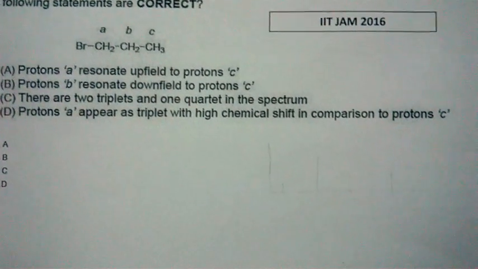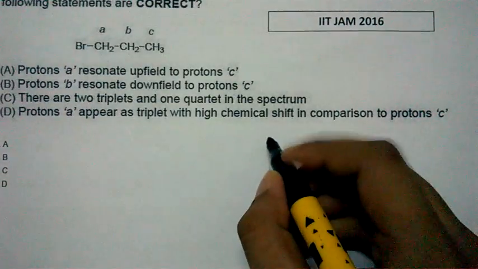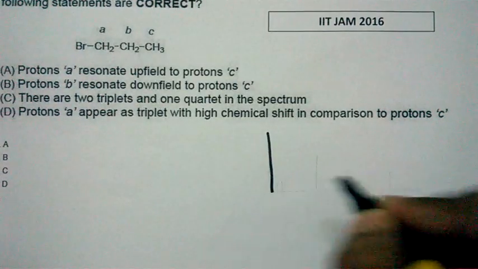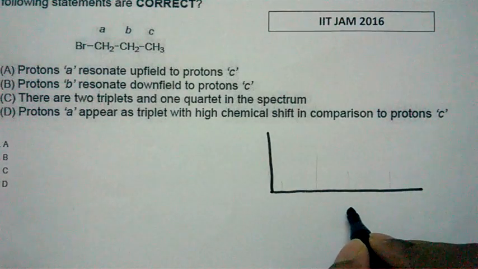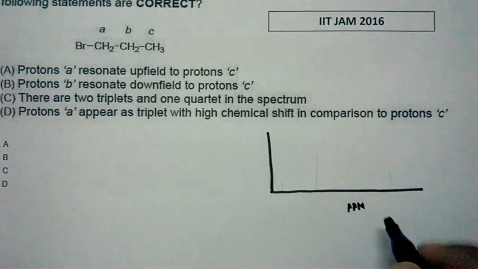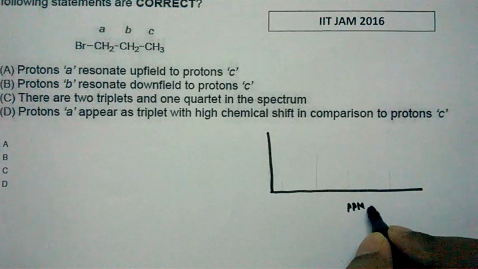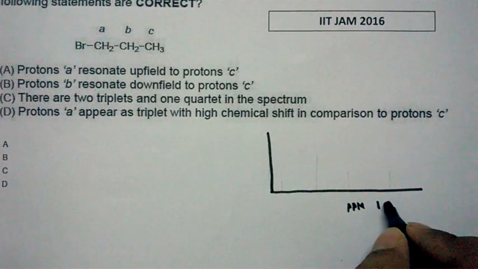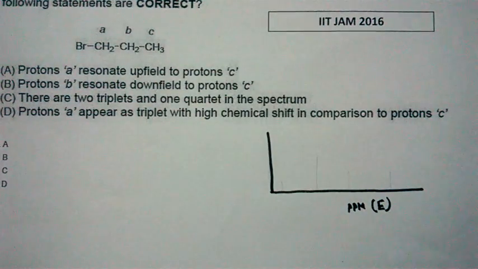So the H1 NMR spectrum of this molecule would look somewhat like this. Here on the y-axis you would put abundance, and on the x-axis ppm. But forget about ppm; for understanding purposes, let's say we are plotting energy on the x-axis.